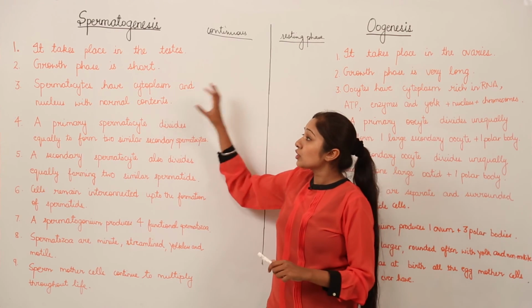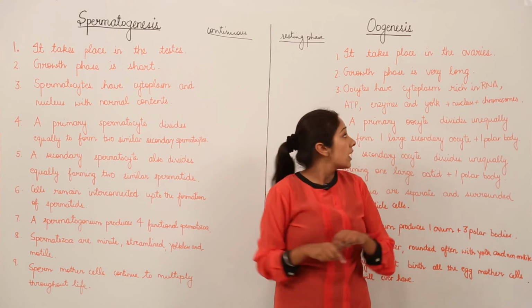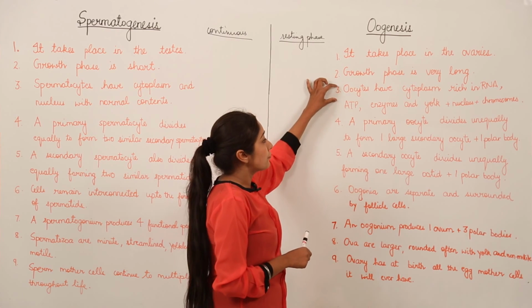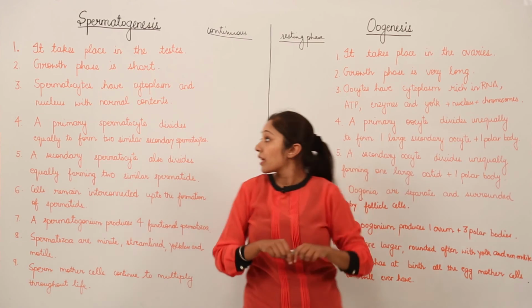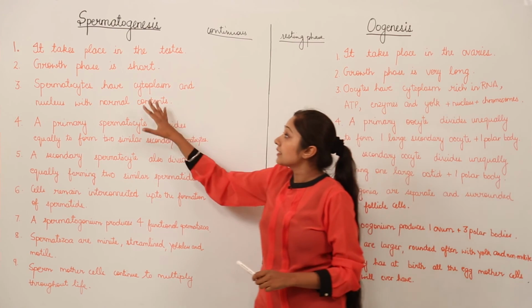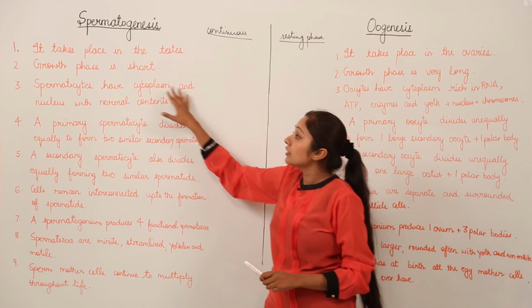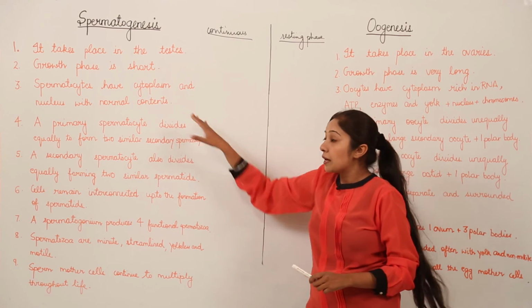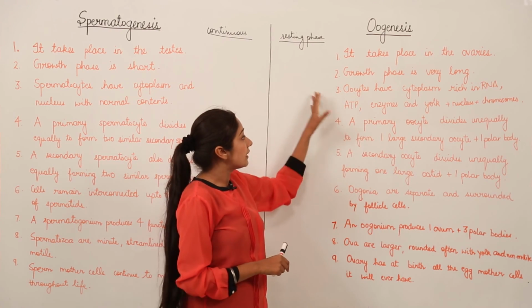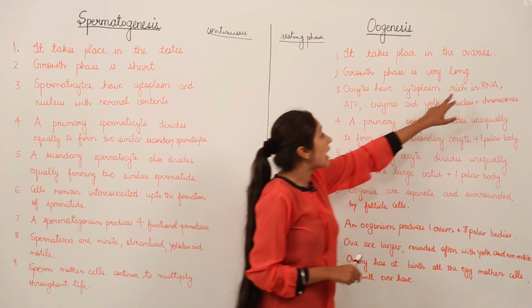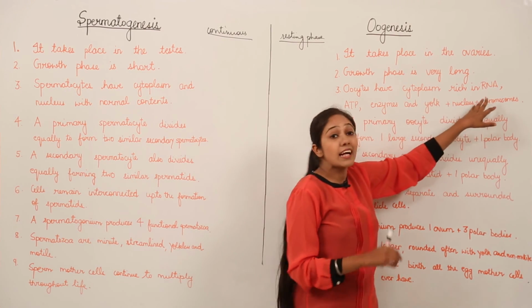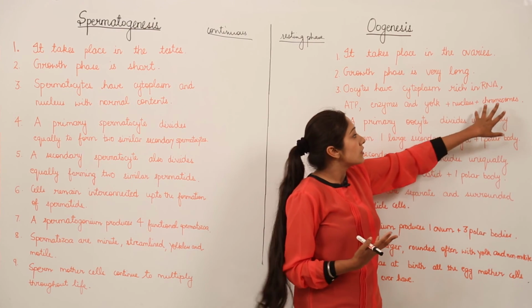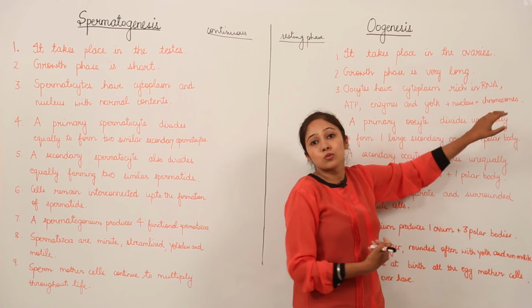So as compared to a spermatocyte, oocytes have more content in the cell. In addition to the normal contents, oocytes are rich in RNA, ATP, enzymes and yolk plus nucleus and chromosomes also, which are very giant, very big chromosomes.